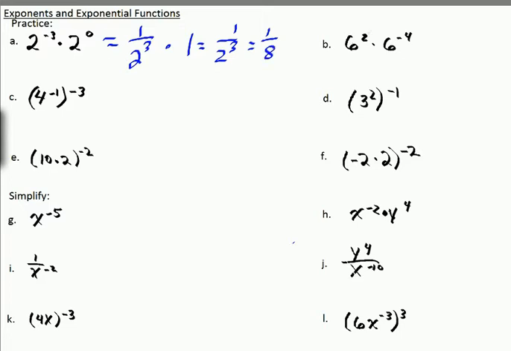Here I have 6 squared times 6 to the negative 4th. When I have my like bases of 6, I add my exponents when I multiply.